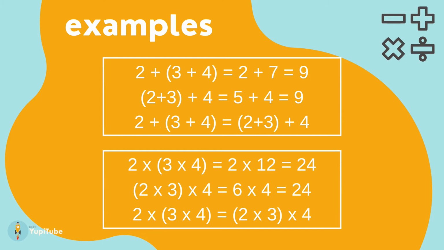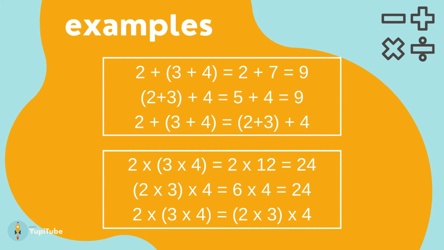Open parenthesis 2 plus 3 close parenthesis plus 4 is equal to 5 plus 4, which is equal to 9, which means 2 plus open parenthesis 3 plus 4 close parenthesis is equal to open parenthesis 2 plus 3 close parenthesis plus 4.